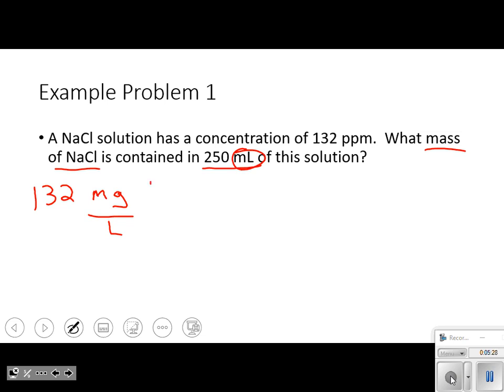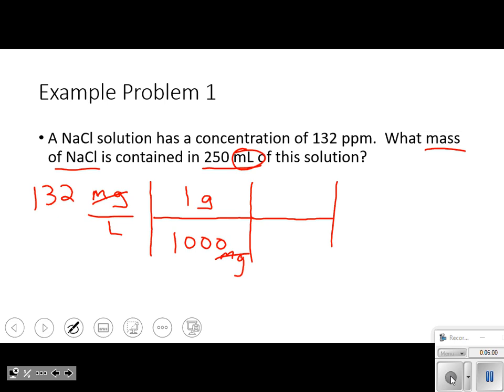Well, it's really pretty simple because in my first conversion box, I'm going to convert it into grams. Well, I need milligrams to cancel, so I'm putting that on the bottom. And I know that 1,000 milligrams is equal to 1 gram. So I've now converted that into grams per liter, right? I don't want liter, I want milliliter. So I'm going to add on another conversion box. I want liter to cancel, so I'm going to put 1 liter up top.